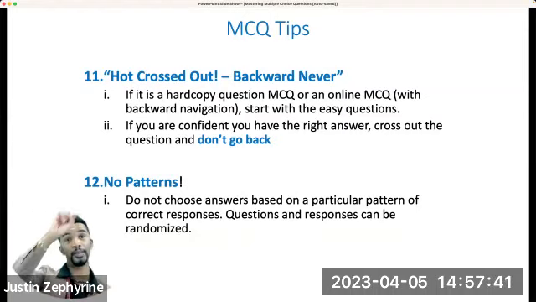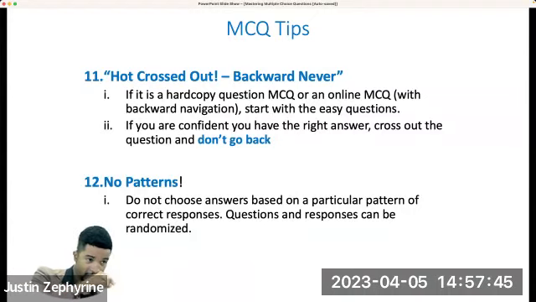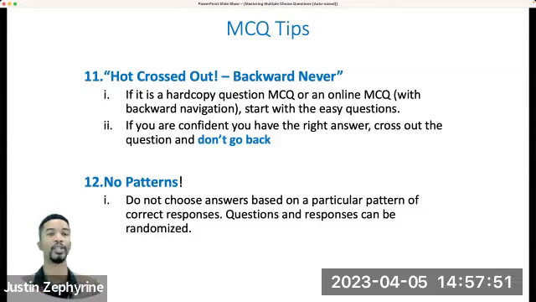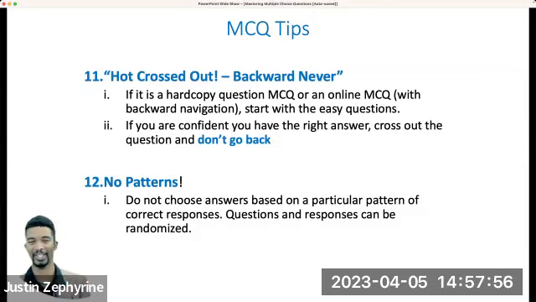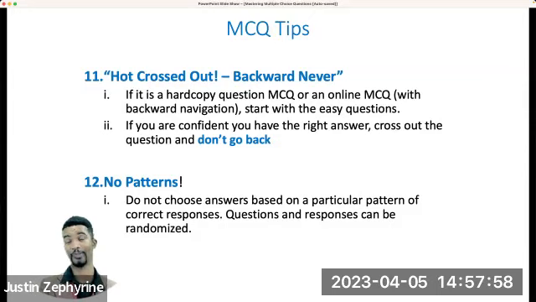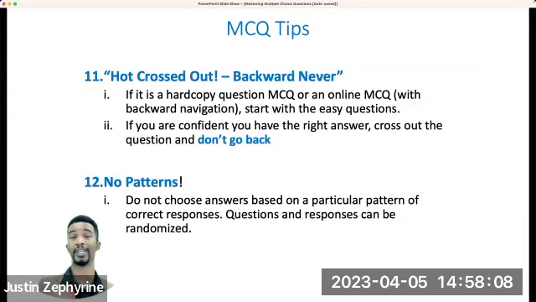And I would go A, B, C, D, D, C, B, A, then A, B. So you get a kind of zigzag pattern, right? For me, it would look good, but most times the majority of those selections were wrong. So you don't really want to look for a pattern, especially now where options can be randomized, you're probably not going to find a pattern to choose from. So you want to make an educated guess, not a patterned guess.